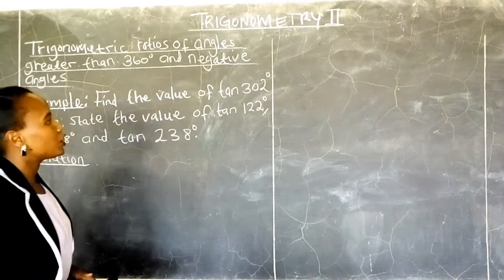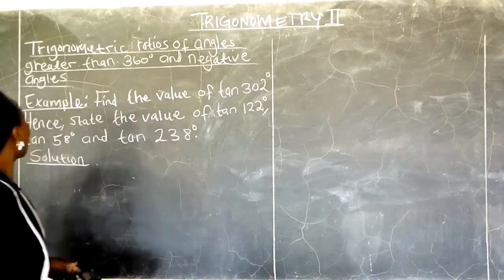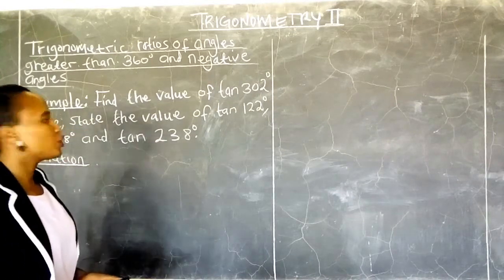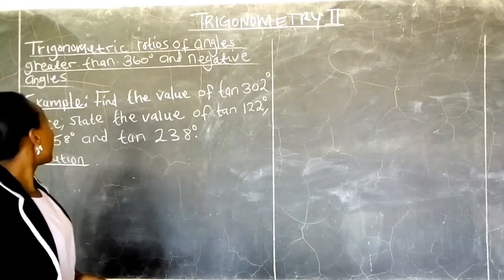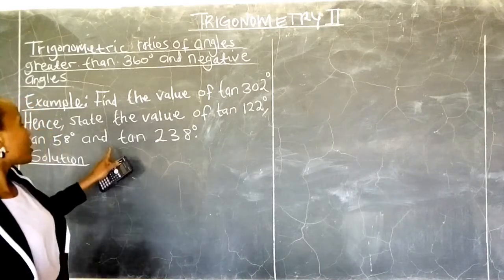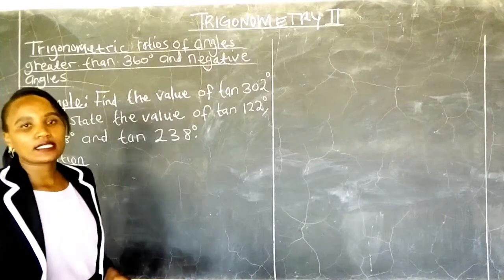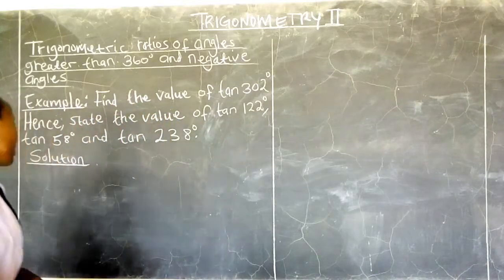tan 302 degrees. Hence, state the value of tan 122 degrees, tan 58 degrees, and finally tan 238 degrees.